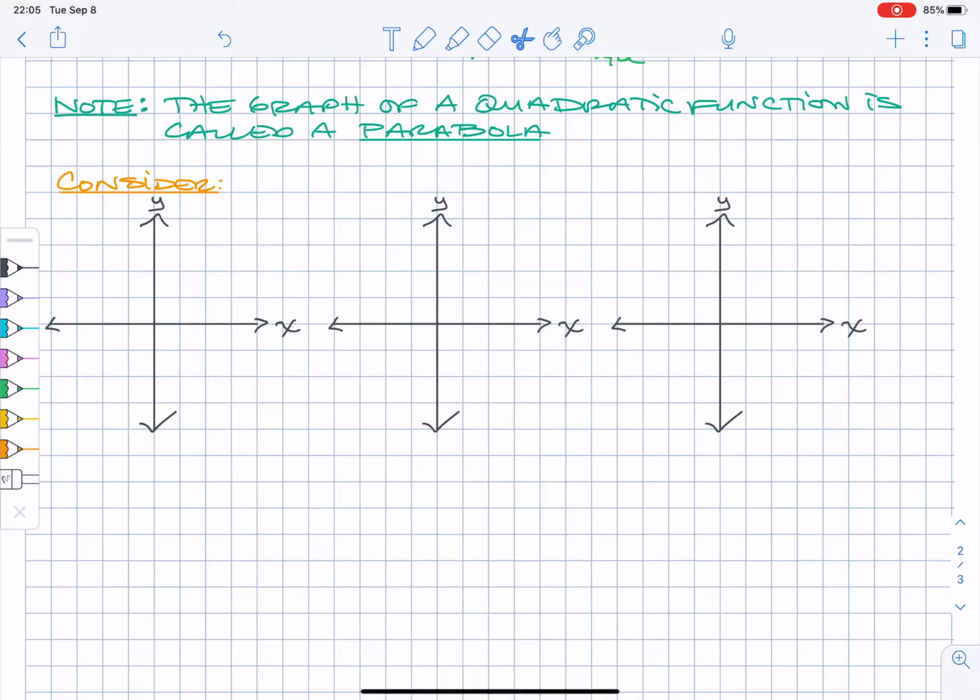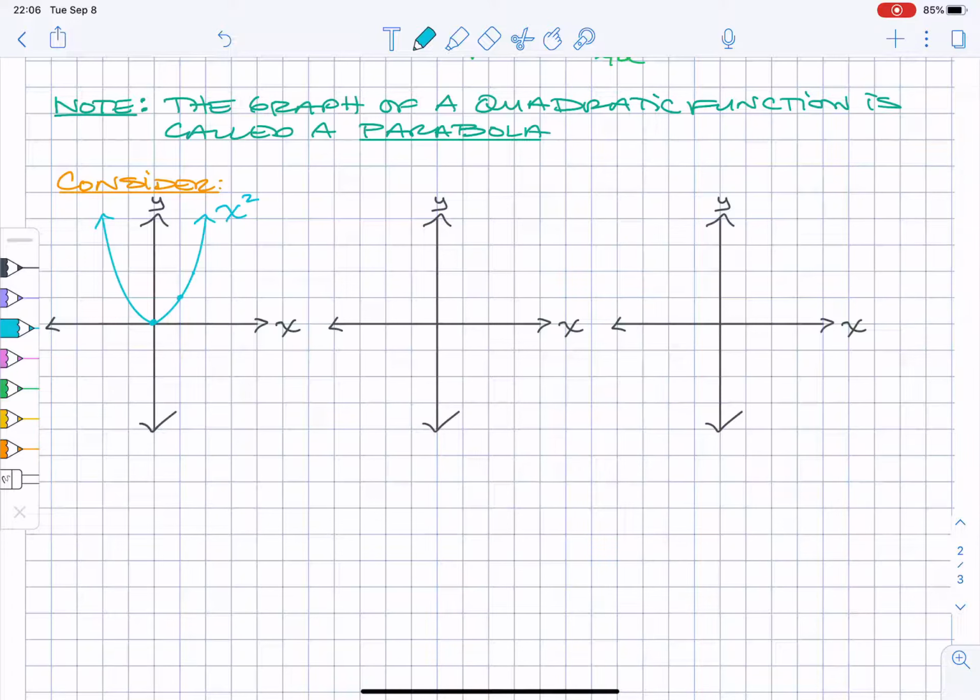Okay, so now let's say we've got regular x squared. So this is regular x squared. F of x is x squared.